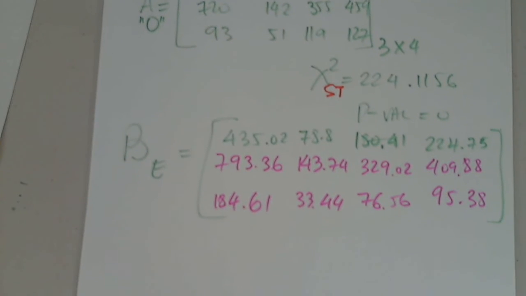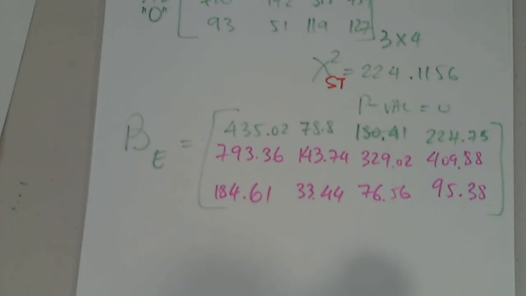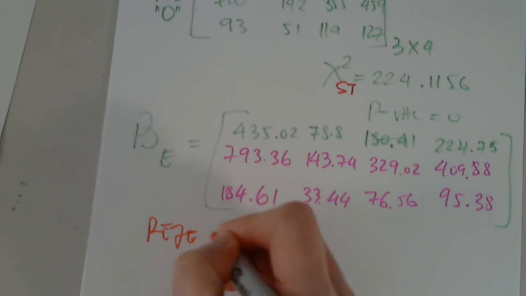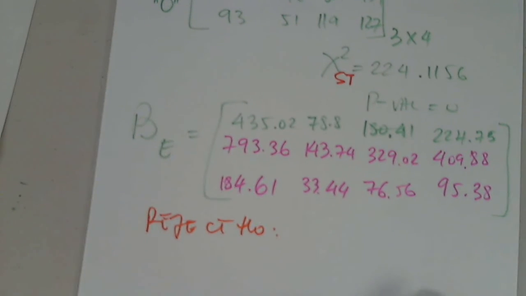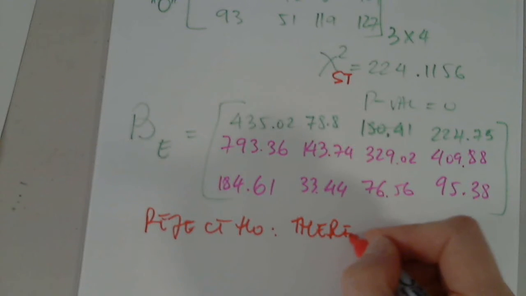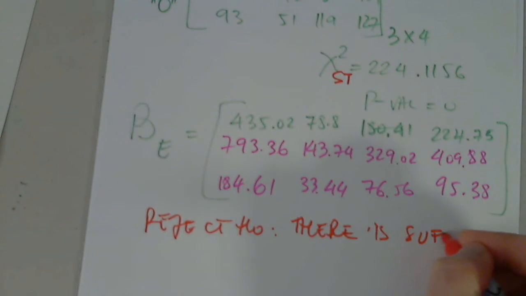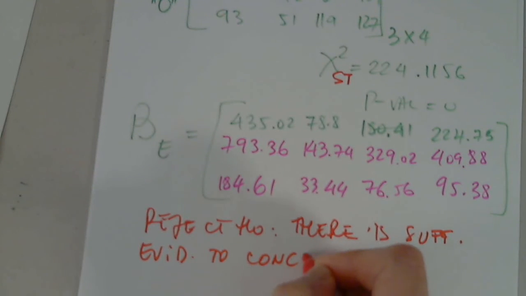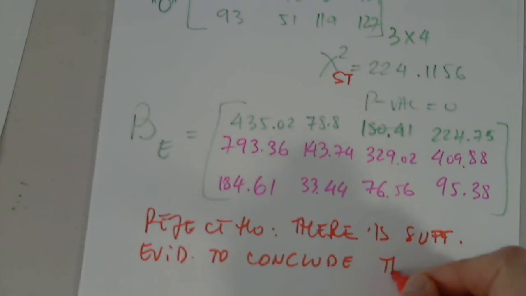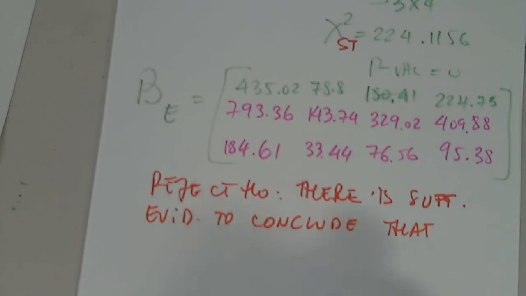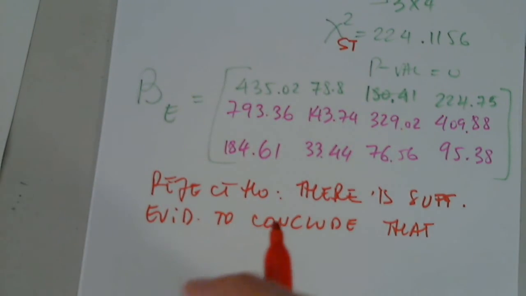Okay, since the p-value is 0, no matter what level of significance, we reject the null hypothesis, and we conclude that there is sufficient evidence to conclude that they are not independent. The variables are not independent. What variables?